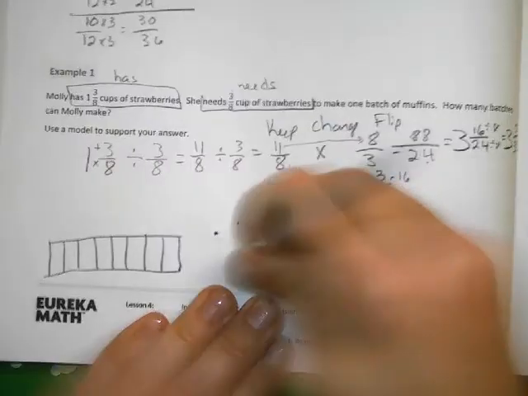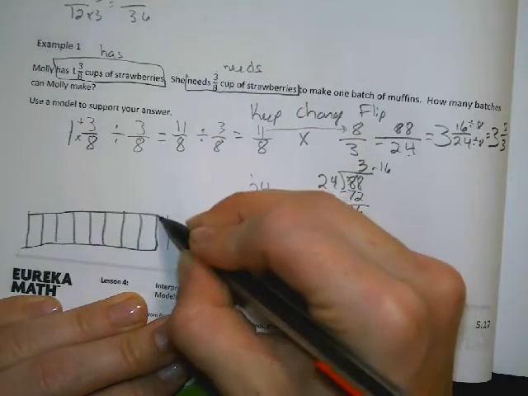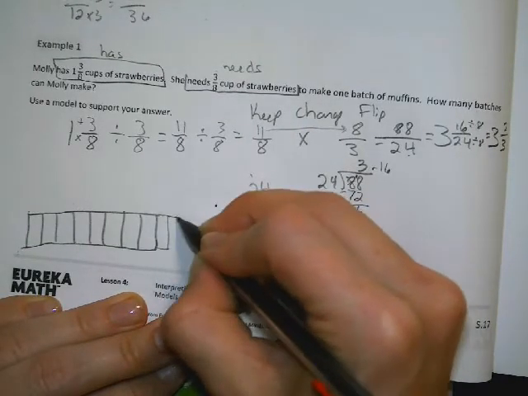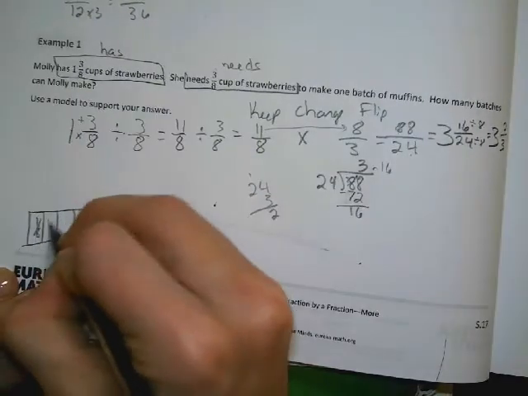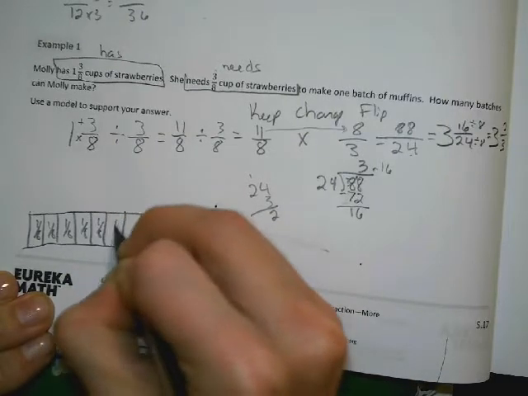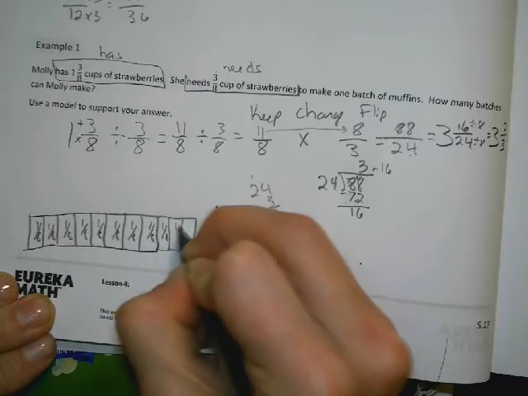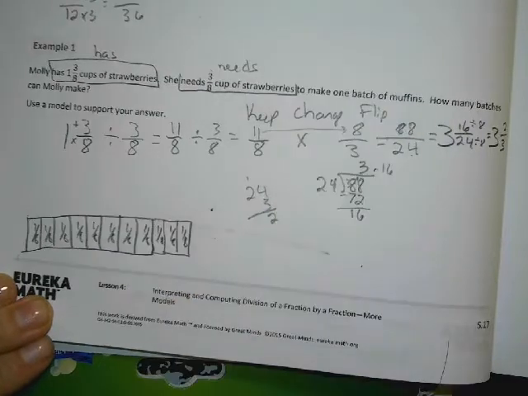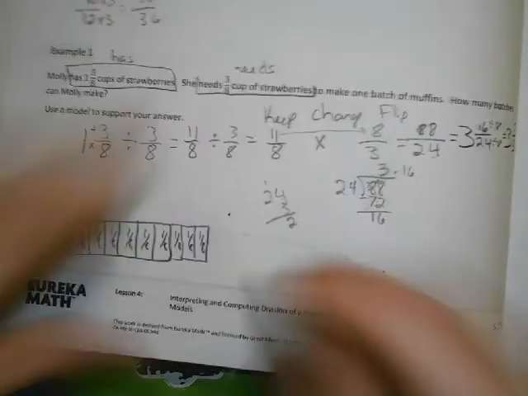And then I have an additional 3/8 with it. So that's 1, 2, 3. So these are all 1/8. Yeah, probably should have written it bigger so you could see those are each 1/8, but these are all 1/8.